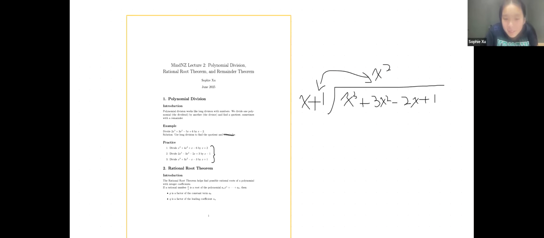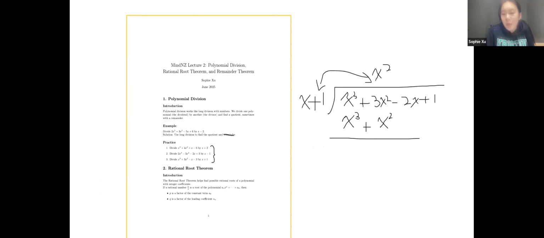Okay. So what do you get after you multiply x plus 1 and x squared? Someone can type it in the chat. Yeah, x cubed plus x squared. So you write it down here. And then you do normal long division, and you take away this from the top one.